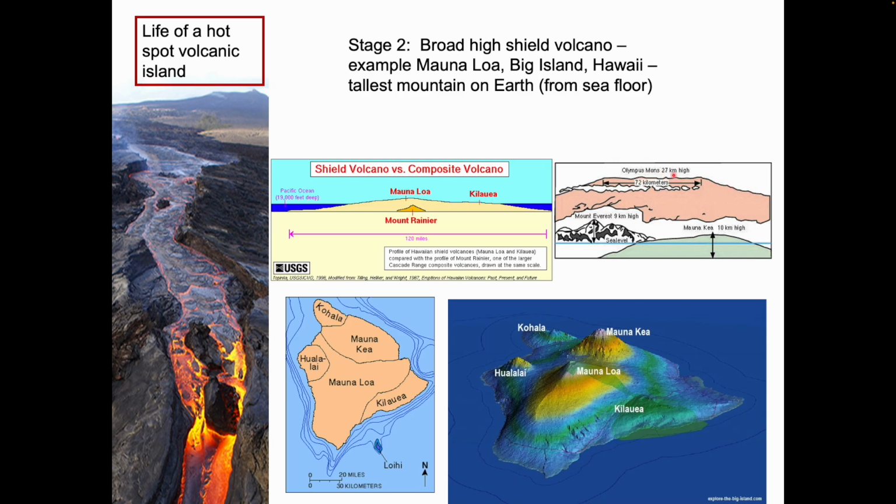It's 27 kilometers high from its base to its summit, and it has a broad caldera, or sunken feature, at its surface that is 72 kilometers wide. The whole volcano is roughly the size of the state of Arizona. So it's very large, and it is a shield volcano, just like these mafic lava flow constructed shield volcanoes on the island of Hawaii.